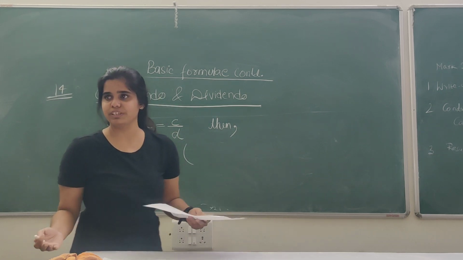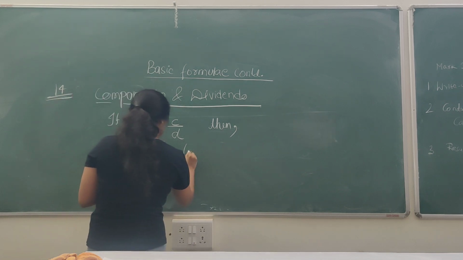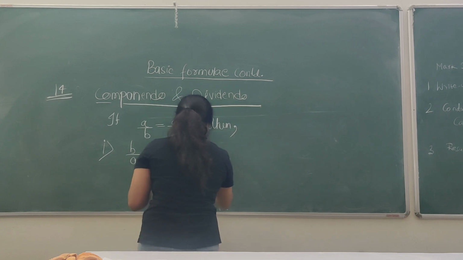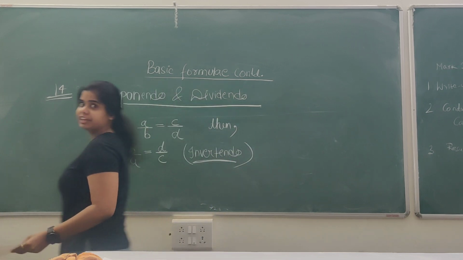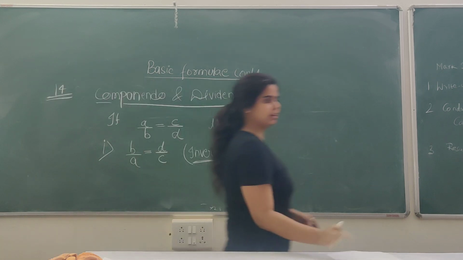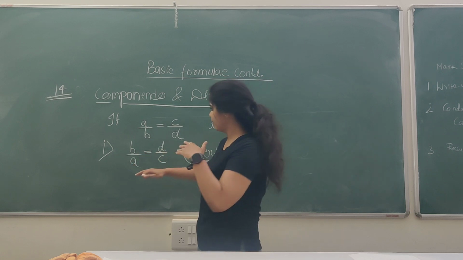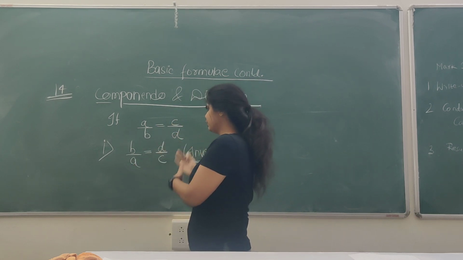This is quite obvious, isn't it? This is nothing but invertendo. We call it invertendo. Why? Because we have inverted, isn't it? Invertendo. So if a by b equals c by d, then b upon a is equal to d upon c.